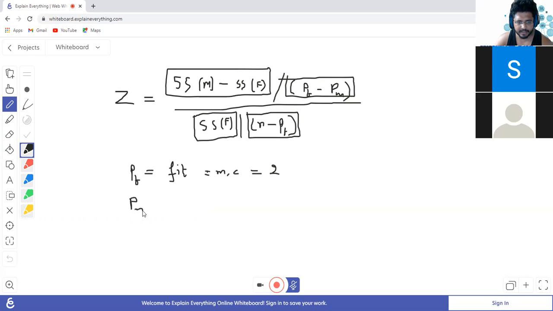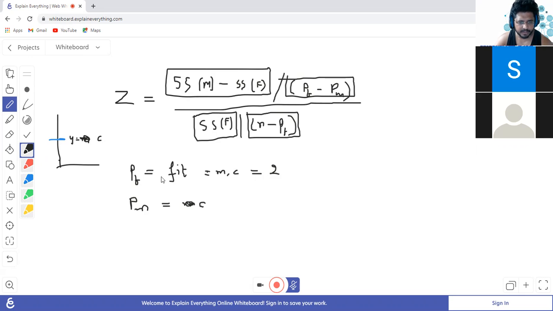Similarly, for the mean, that is the line on the y-axis, what was the parameter? Only one. If you remember, the equation was y equals C. The slope was 0 degrees, so there is no slope, only the y-intercept.